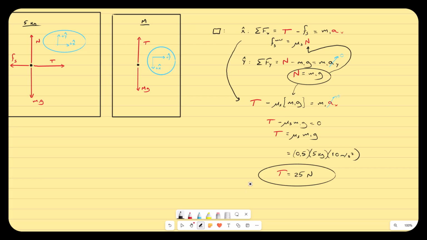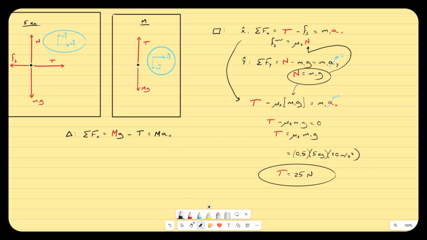I wasn't asked to find the tension. What I was asked to do was find this mass. So for my triangle, the sum of forces in the x direction says I've got an mg minus a tension force that I now know equals ma. That is an ax.